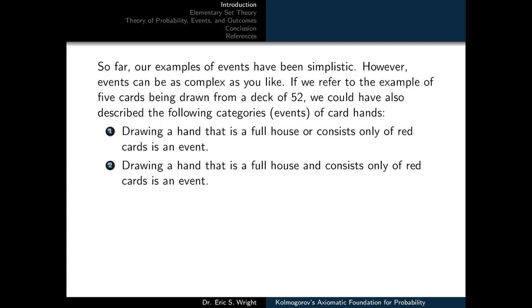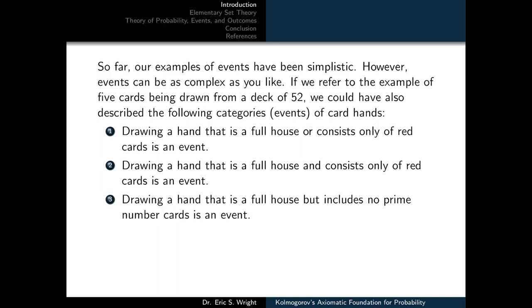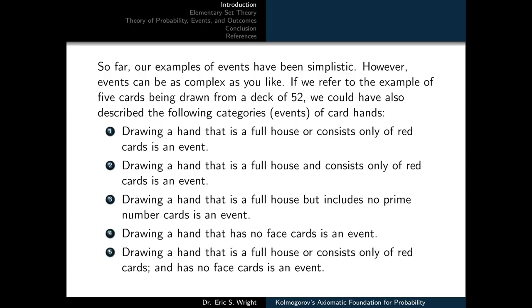Drawing a hand that is a full house and consists only of red cards is an event. Drawing a hand that is a full house but includes no prime number cards is an event. Drawing a hand that has no face cards is an event. Drawing a hand that is a full house or consists only of red cards and has no face cards is an event.